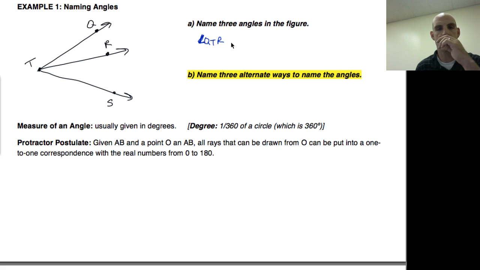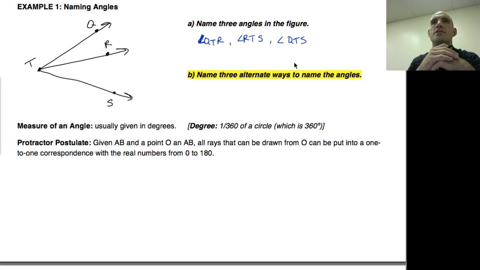So that's this one here. What about this bottom one? I could also call it angle RTS. And what about the big angle? I could call that angle QTS. So there's 1, 2, 3 angles.